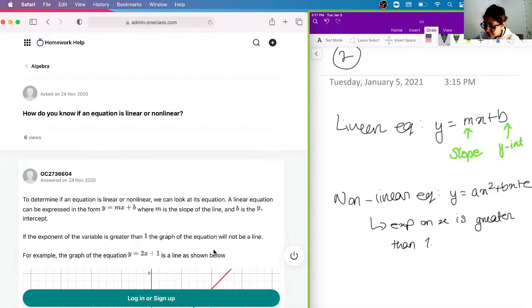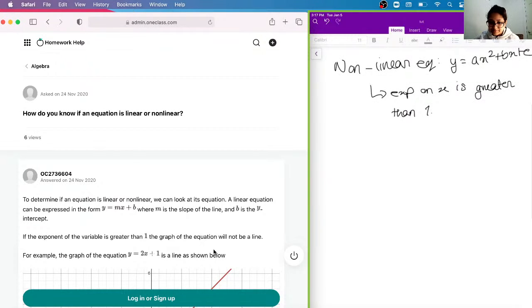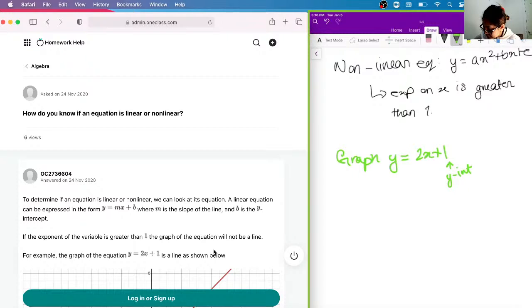So for example, if you want to graph a linear equation, let's say, graph y equals 2x plus 1, right? And so this is your y-intercept, right?